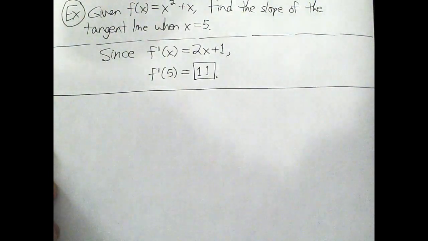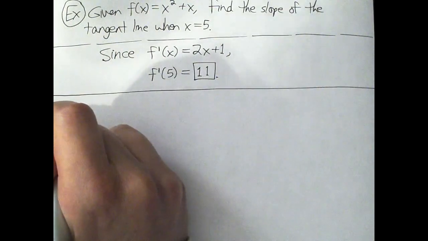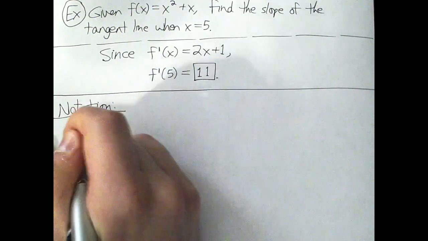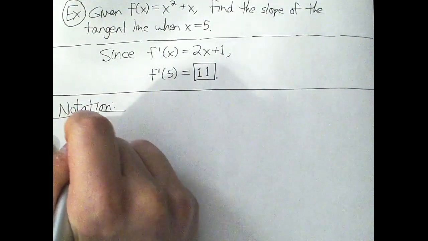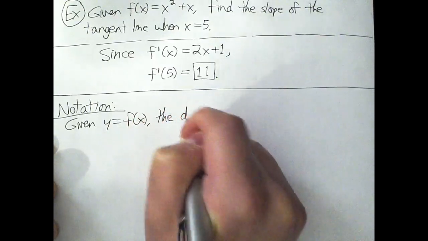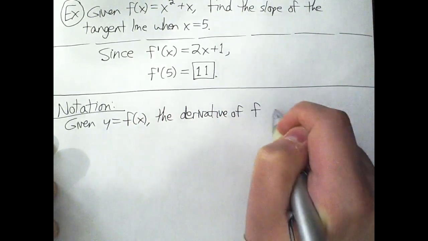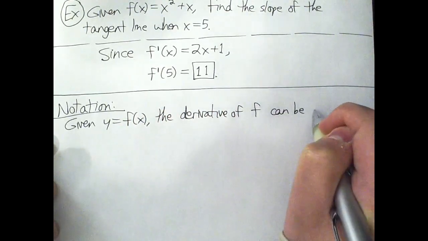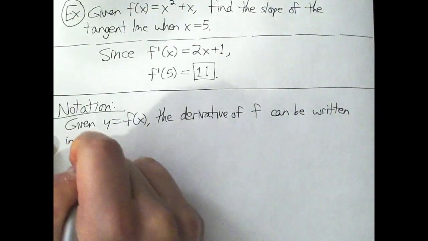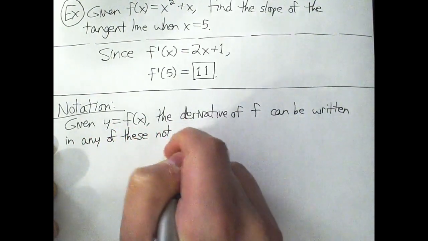All right, now the derivative is still kind of a new concept for us, so I have some notation to tell you about. Notation, definitions, facts. So if we're given y equals f of x, the derivative of f can be written in any of these notations.